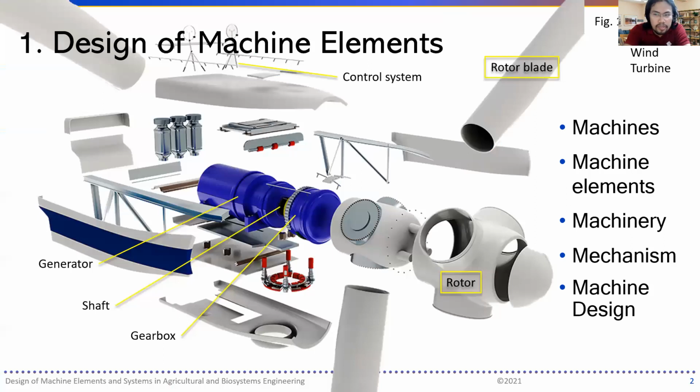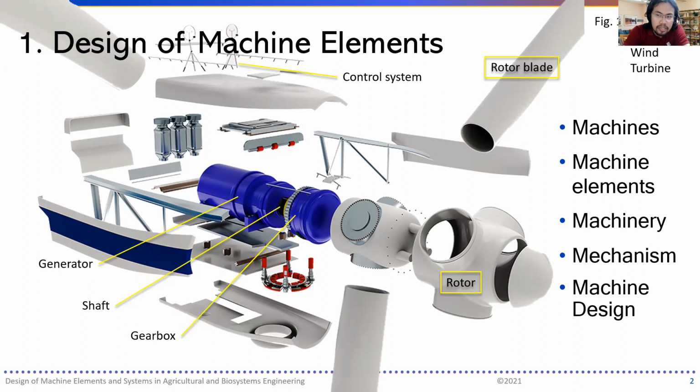Now, please refer to the three-dimensional rendered drawing of a wind turbine, and the drawing shows blown up renders of the different component parts. In view of understanding the different terminologies in machine design, the drawing can be used exhaustively. The wind turbine can be referred to as a machine itself.